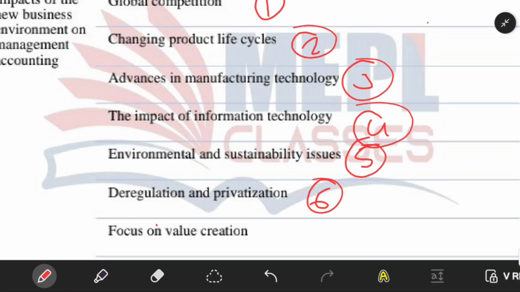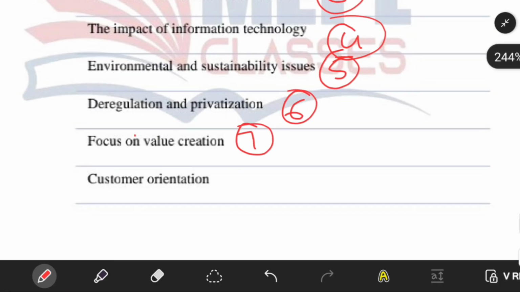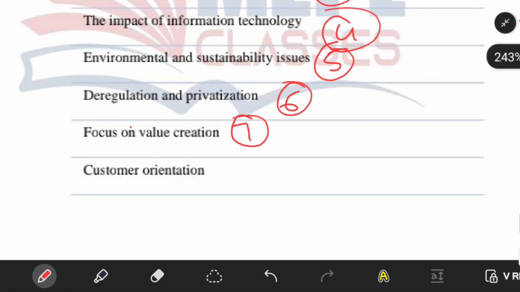Next is focus on value creation. Modern accountants do not just save cost; they also help to create value. This includes improving product quality, building customer satisfaction, and planning for long-term growth.